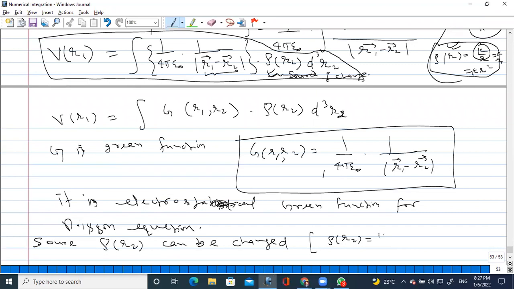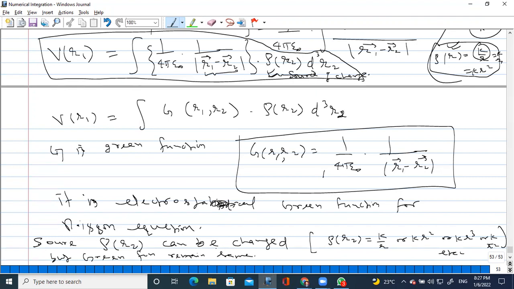You can take k by R or kR square or kR cube or k by R square, etc. I mean to say that rho R2 can be changed, but the Green function remains the same.